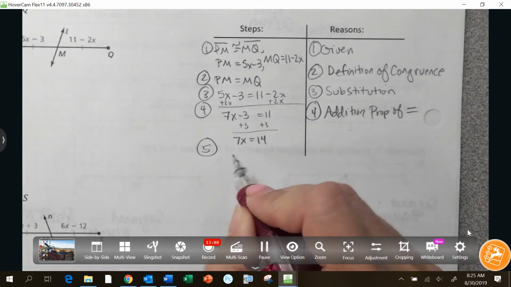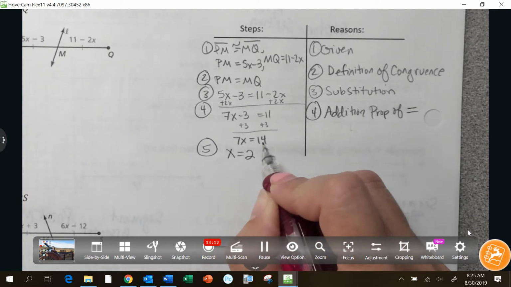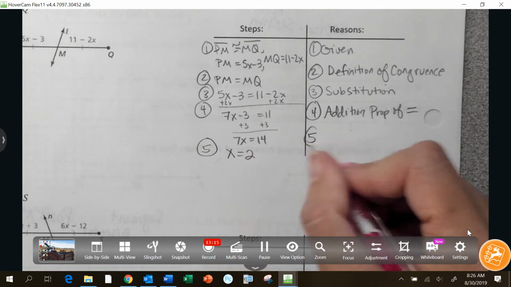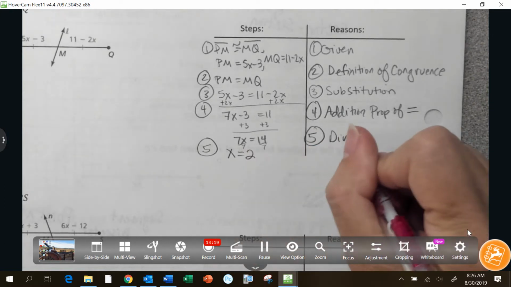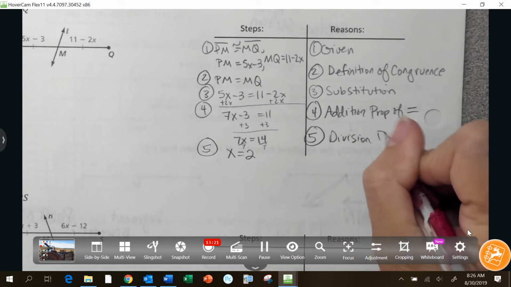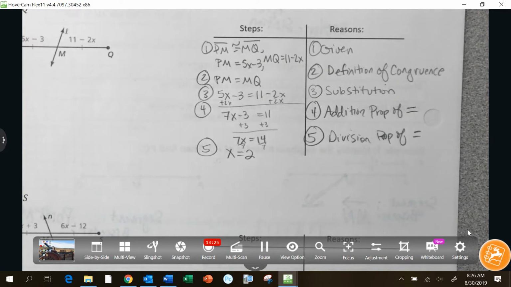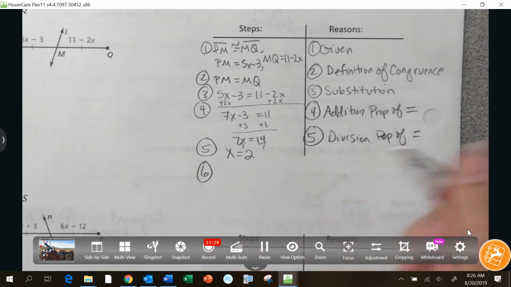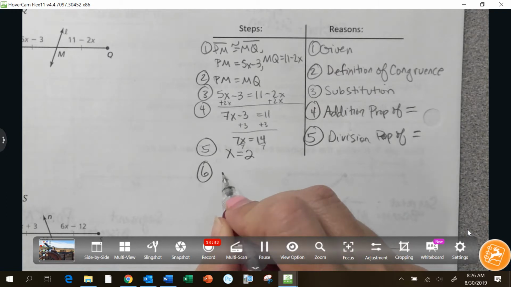And then from there, I'm going to use the division property of equality, and I'm going to divide both sides by 7. So division prop of equal, and I get x equals 2. Once I have x equals 2, we'll plug it back in. What am I trying to find? MQ.